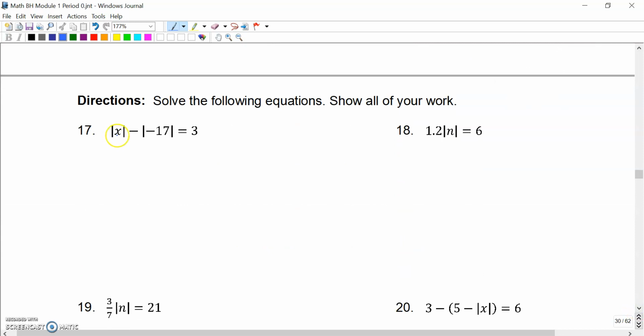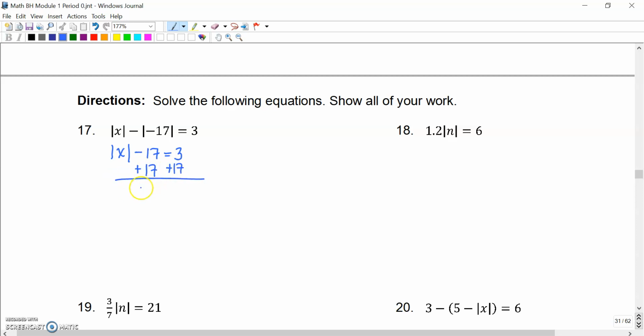Next one we'll do is absolute value of x minus the absolute value of negative 17 equals positive 3. So we will work on isolating the bars. This minus sign comes down. Negative 17 becomes positive 17, but of course now it's negative again, equals 3. We add 17 to both sides.